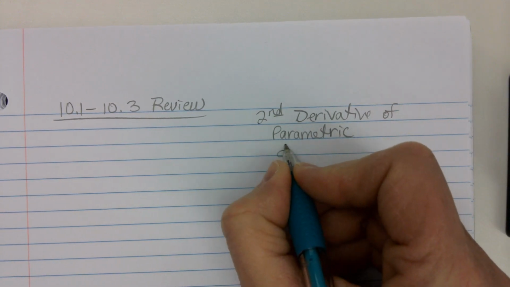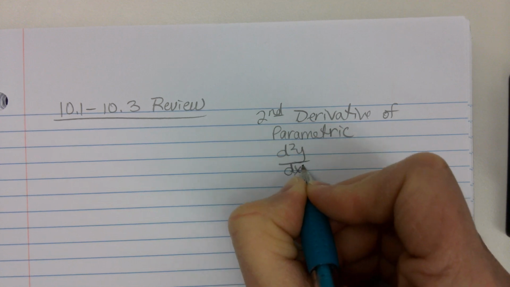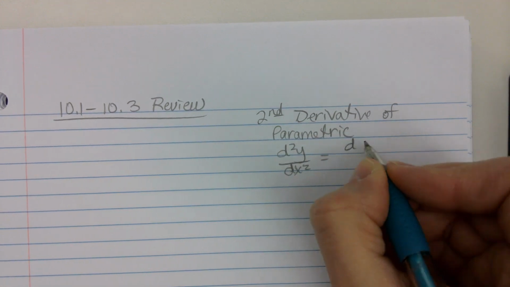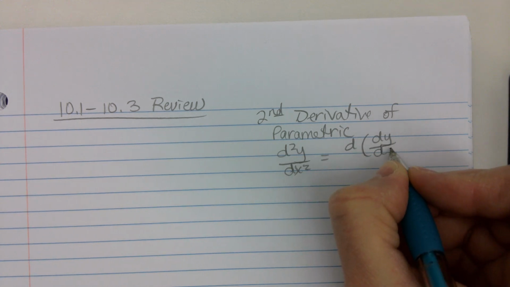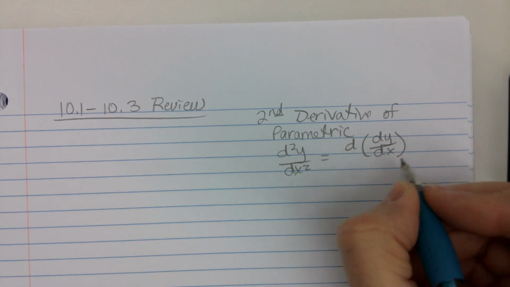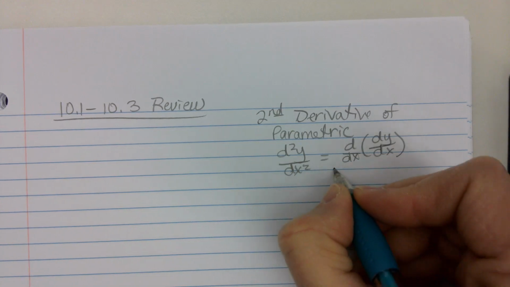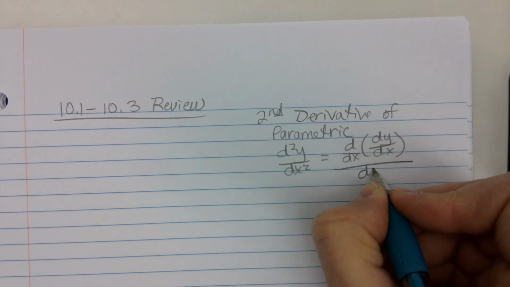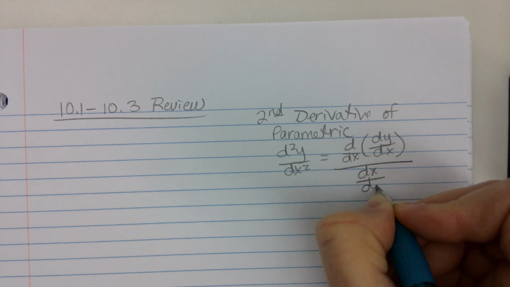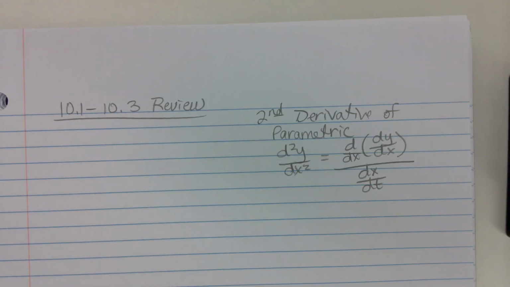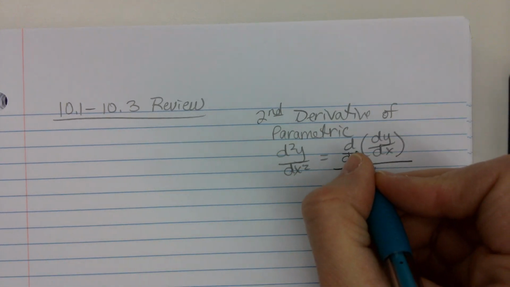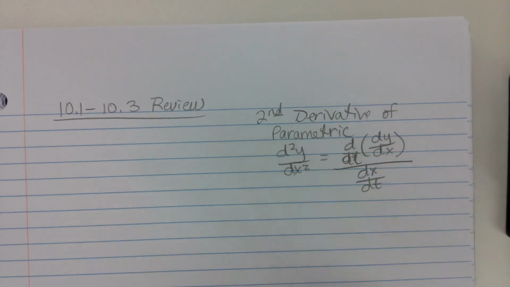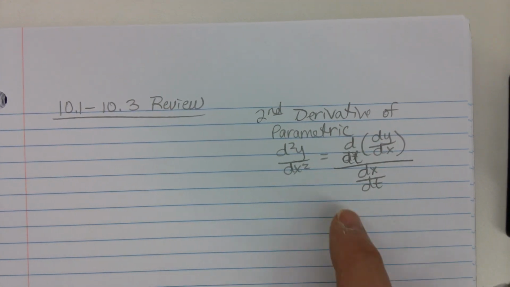The second derivative is d/dx of the first derivative you found. I'm sorry, this is with respect to t. Take the derivative with respect to t of the first derivative and then divide that by dx/dt.